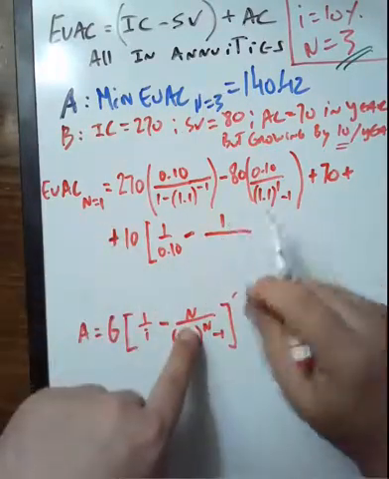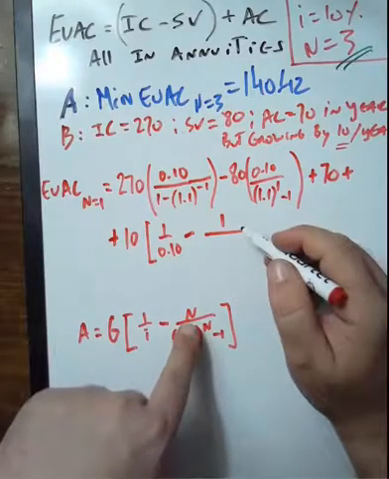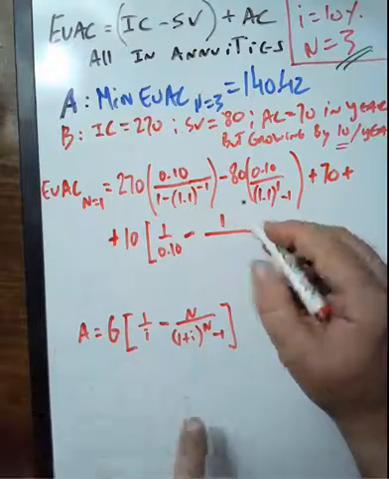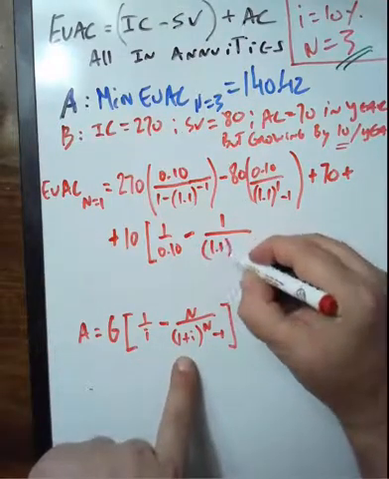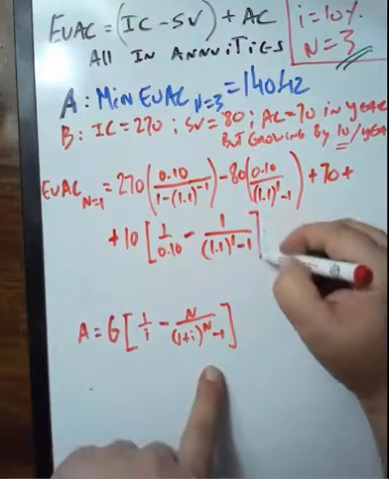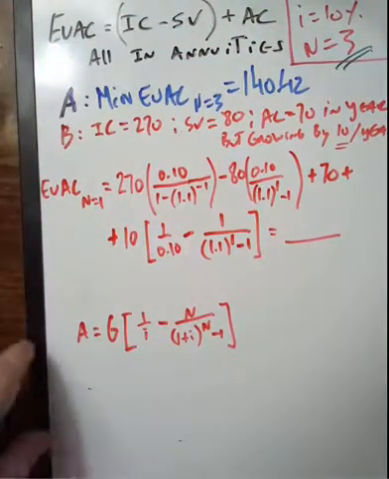Students usually forget that this here is n, so pay attention to this numerator. And then divided by 1.1 to the power of 1, the n, minus 1. And that we need to compute.